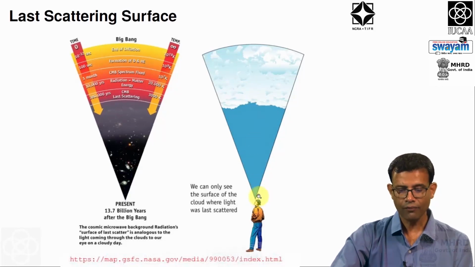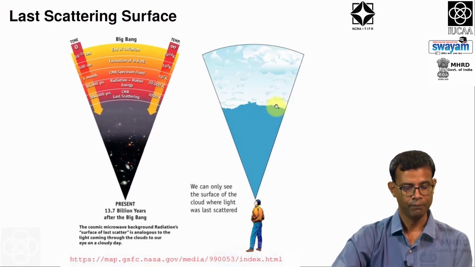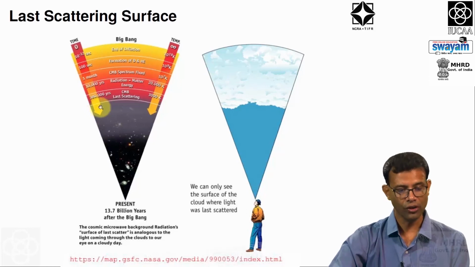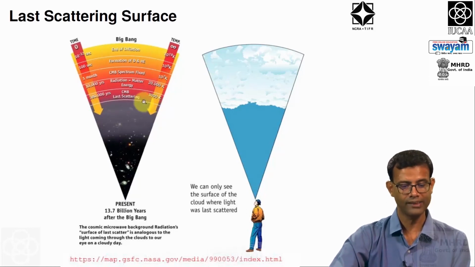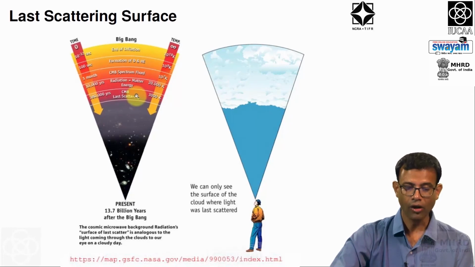But what do we observe? We do not observe the full depth of the cloud, we just observe the surface of the cloud where the light was last scattered. So, by the same analogy, when we see the photons, what we observe is the state of the universe when the photons were scattered for the last time, and that is basically when the CMB started. So, that is why this is called the surface of last scattering. Now, with radiation we cannot directly observe the universe earlier than that.